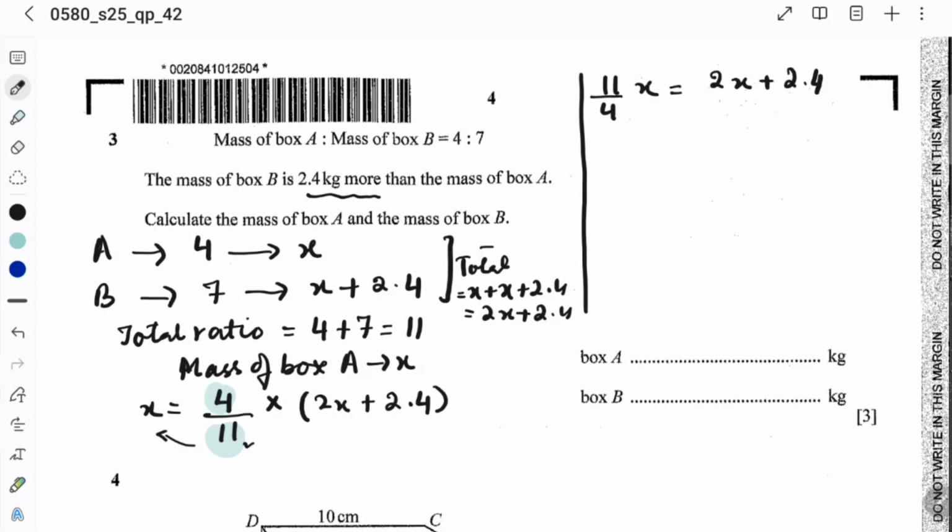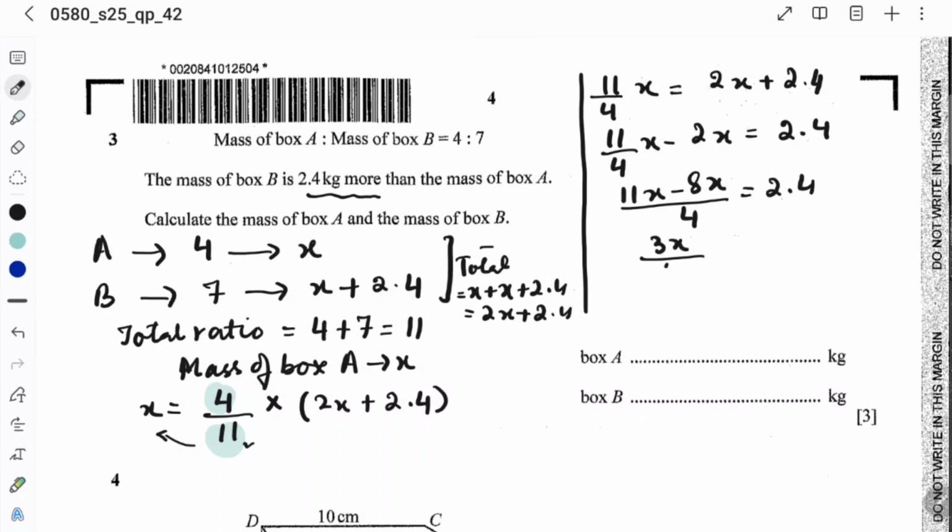Now simplify this: like terms on one side, so 11x over 4 minus 2x equals 2.4. That is 11x minus 8x upon 4 equals 2.4, which is 3x over 4 equals 2.4, and x will be equal to 2.4 times 4 divided by 3.